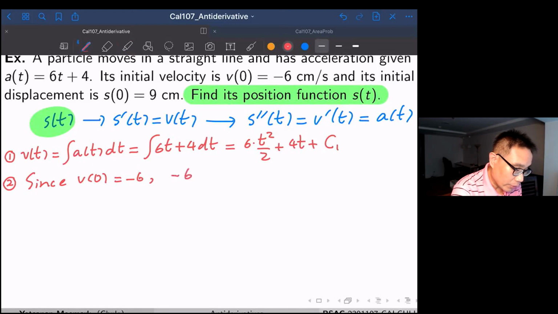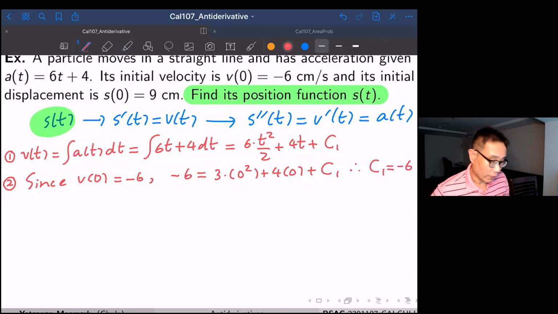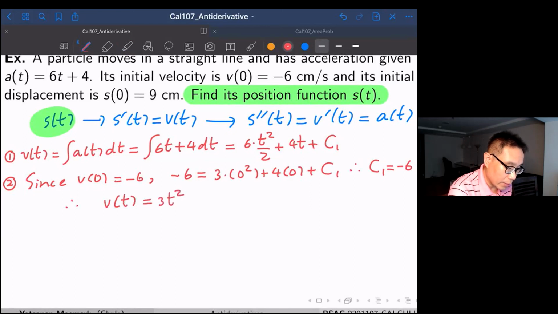So negative 6 equals 3 times 0 squared plus 4 times 0 plus C1. So you would get C1 equal to negative 6. This allows you to have v(t) equal to 3t squared plus 4t minus 6. That's how we have the velocity.